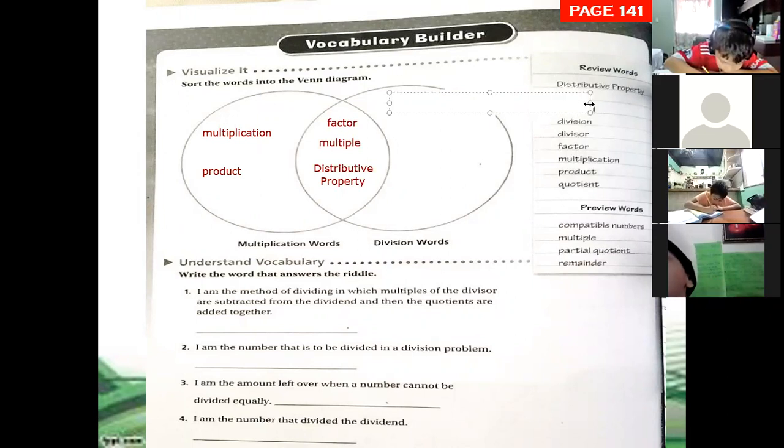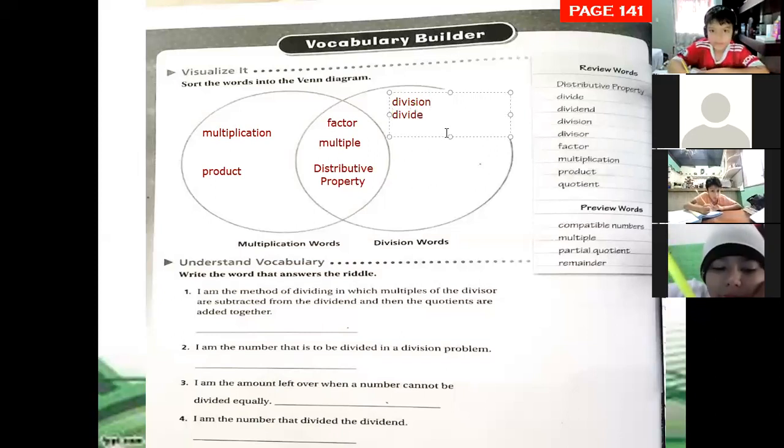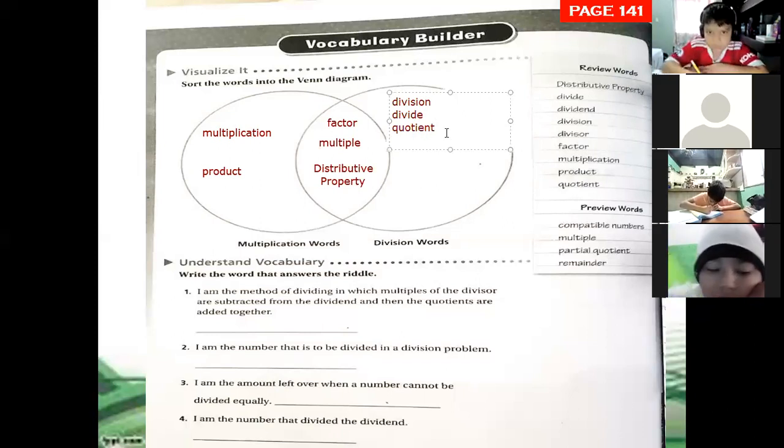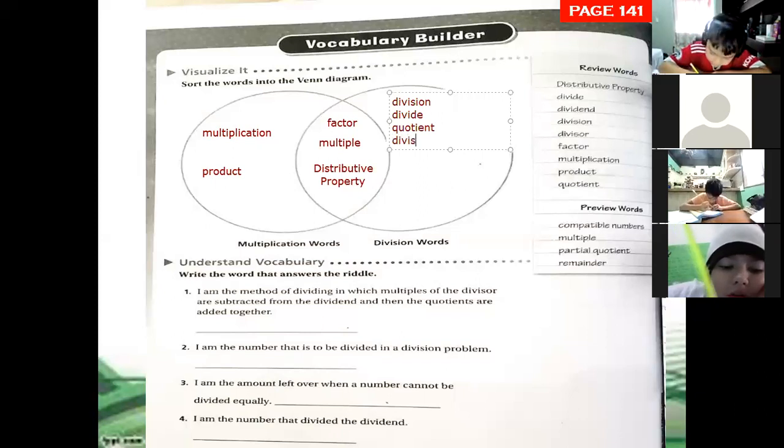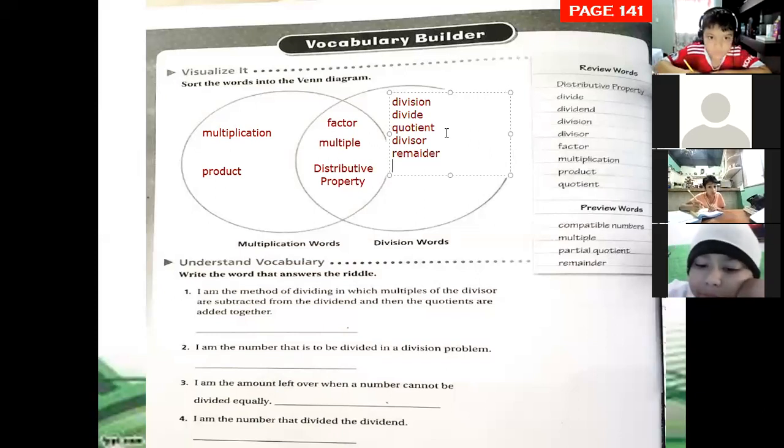Now, words that have to do with division. Division, divide, quotient. When we divide, the answer is named quotient. Okay? Divisor. Remainder is the leftover, es el sobrante en la división.